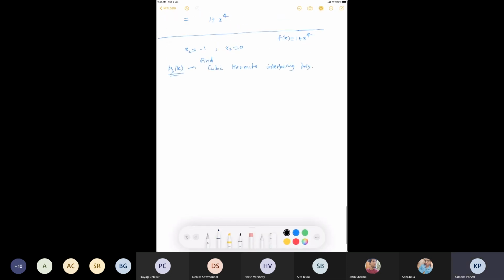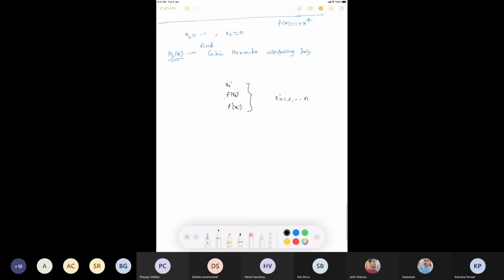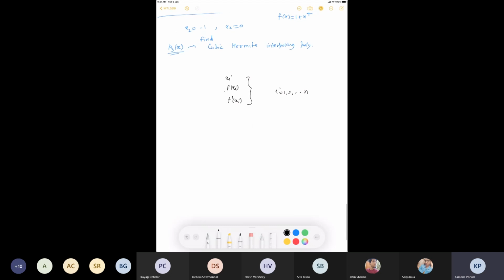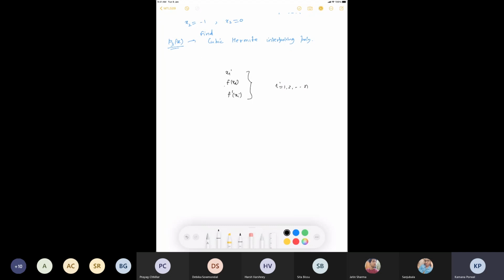So in the Hermite interpolation, what we have done is that we have been given the data at the nodes xi. We know f of xi and f prime of the xi's, right? Given this information, we try to find the polynomial which will interpolate f of x and its derivative. Here we have just considered the first derivative, right? So you can pose the same question for the higher order derivatives also.